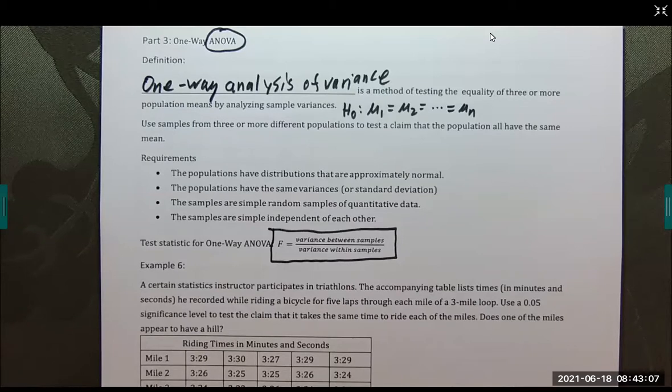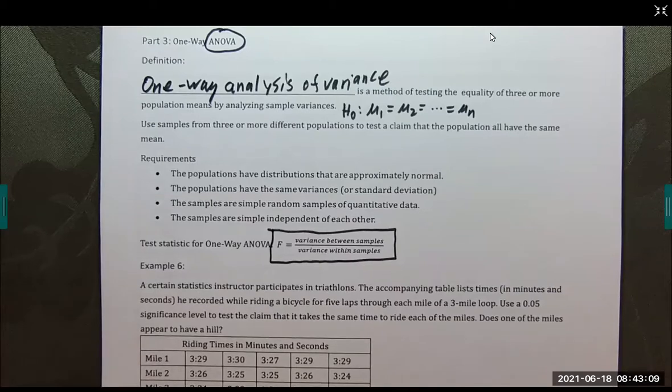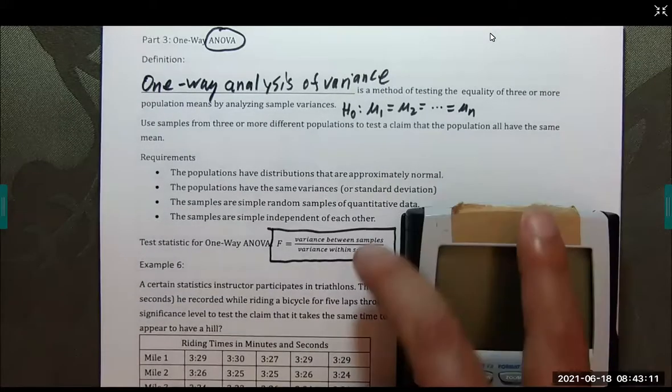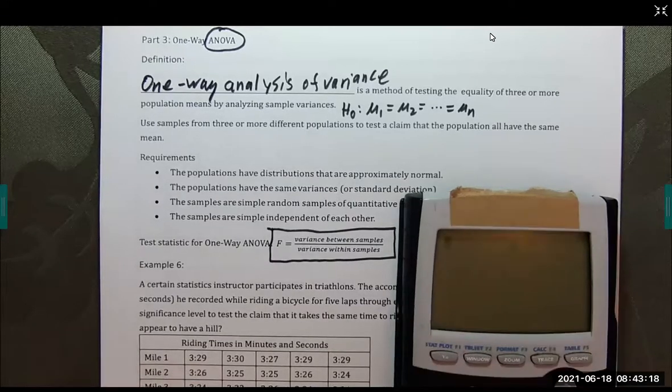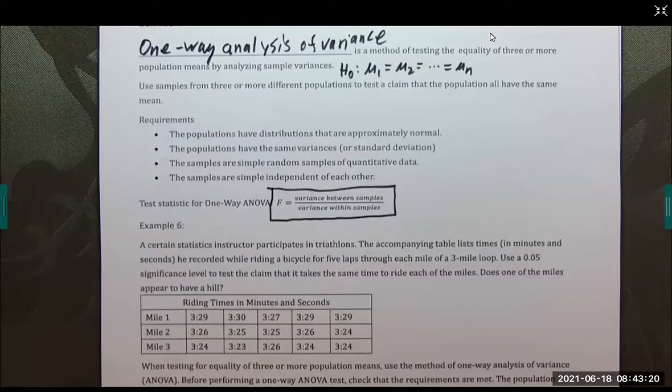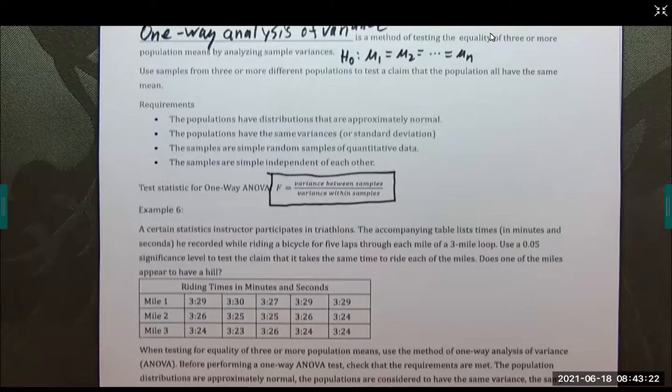What we're going to have to do with this data first is put it into lists, which I've already done. This is a little tricky because we have minutes and seconds. So let's scooch this up. Here's what I've done.